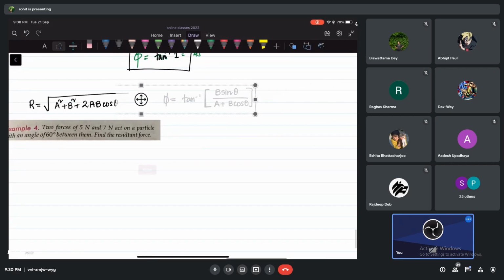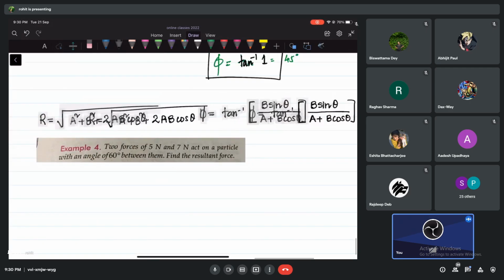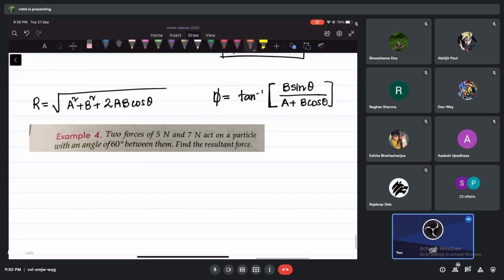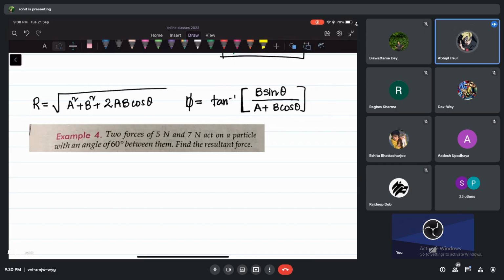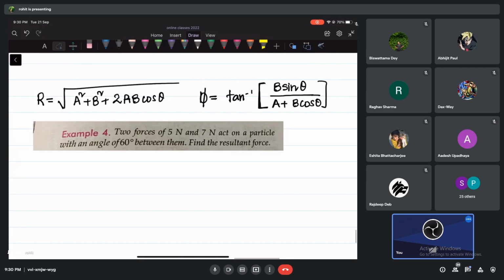If I write it the other way around, we'll talk about that later. Okay, you do this one first, start this one. So the forces are acting in the same direction. Use the triangle law, because these are two vectors. This is a vector, this is a vector, this is also a vector.